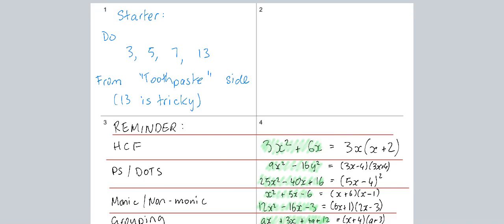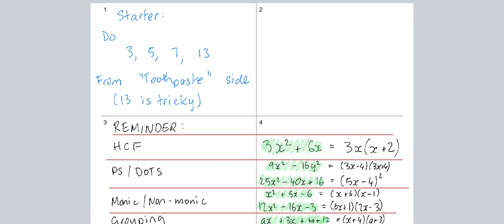What you need to do is figure out what kind of factorization is required. You do not need to solve a single problem. What you need to do is just write next to each problem HCF or PS for perfect square, or DOTS, or monic, or non-monic if you think it might be, but you don't know those well enough yet, but have a guess at it, or grouping.